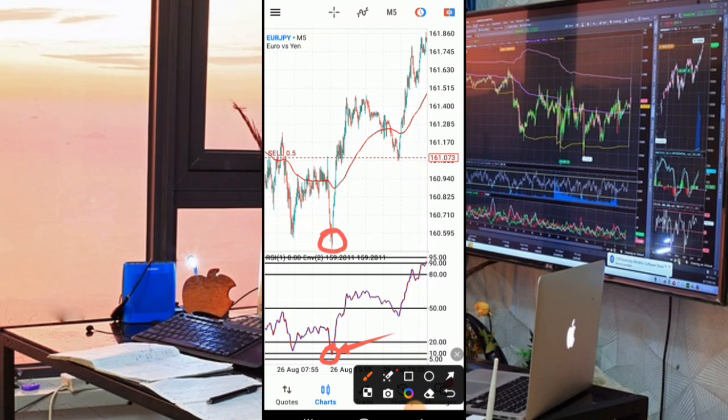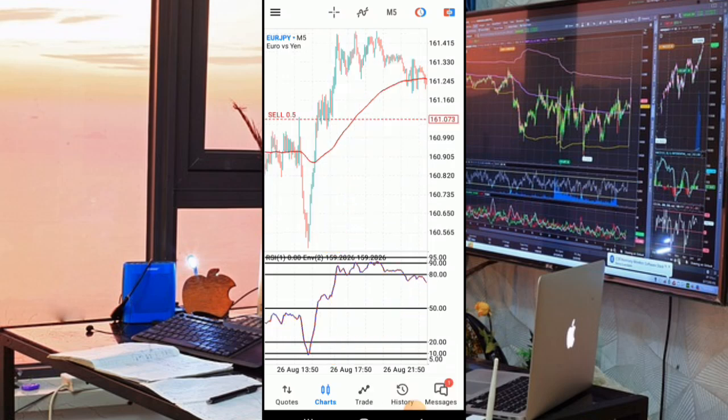After price touches the 10 line level, you go to the graph up there and wait for the moving average to be below price. So price is going to be above the moving average, and after that we are going to be looking for a bullish engulfing candle because we want to make a buy entry.